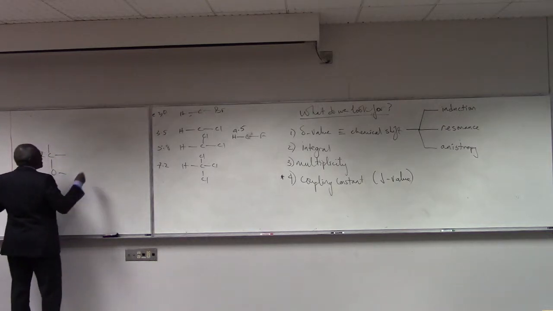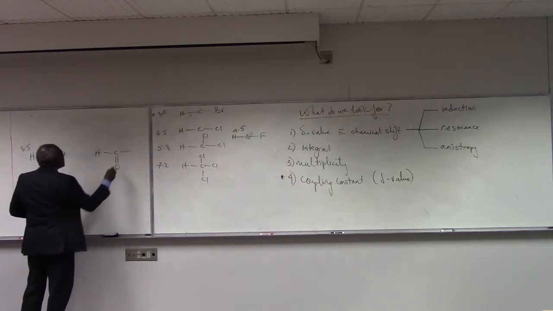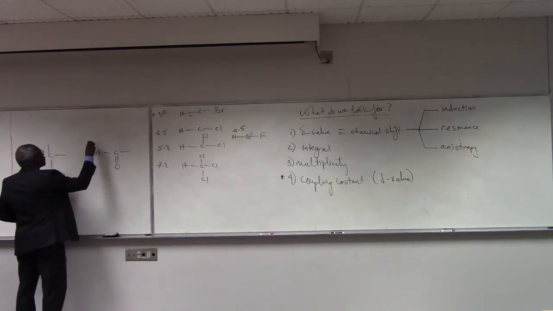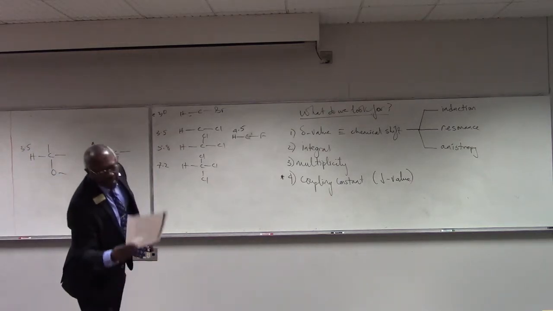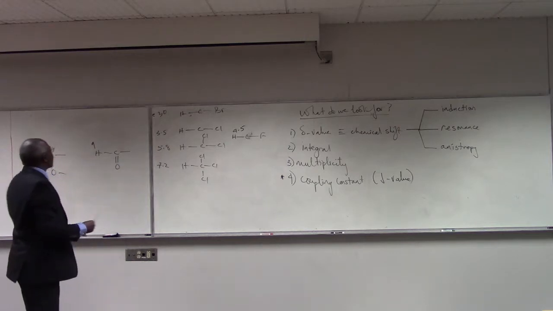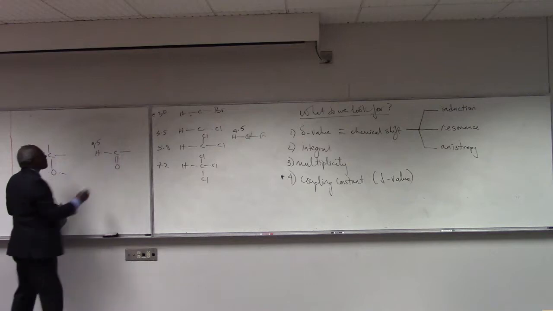So obviously the impact on the delta value of H should be pretty much the same. But if I look at the H attached to C of an aldehyde, that value jumps all the way to almost 9, or what does it say, 9 to 10? Aldehydic H's are 9 to 10. So I'm going to pick a number in the middle and call it 9.5.